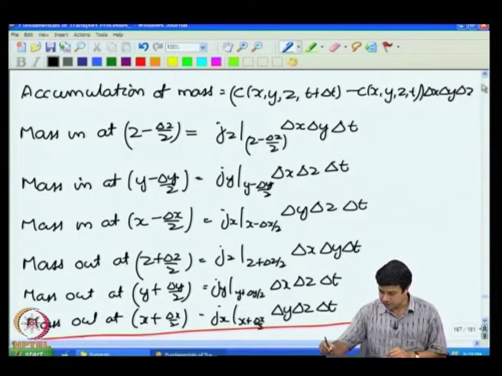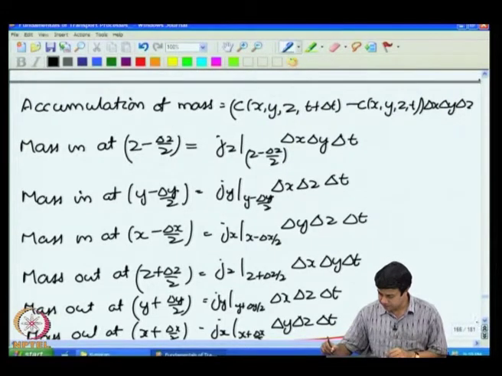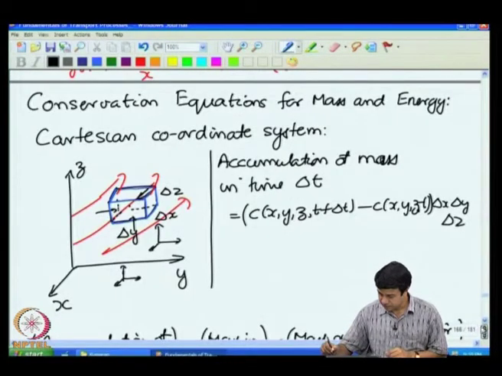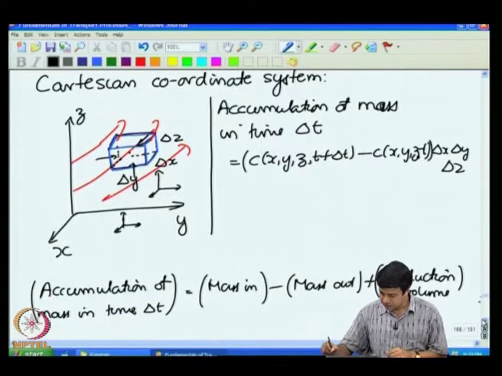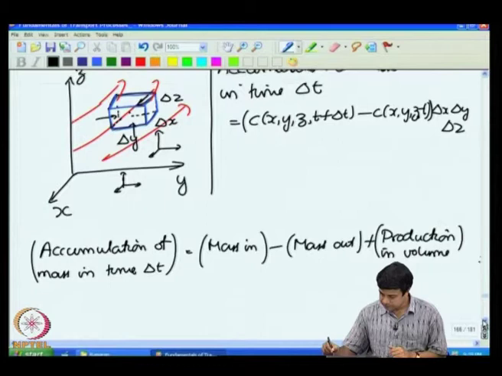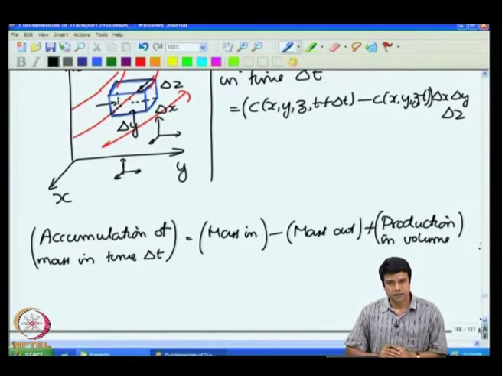Accumulation of mass is equal to mass in minus mass out plus production in the volume, and the differential volume is chosen with a certain logic.